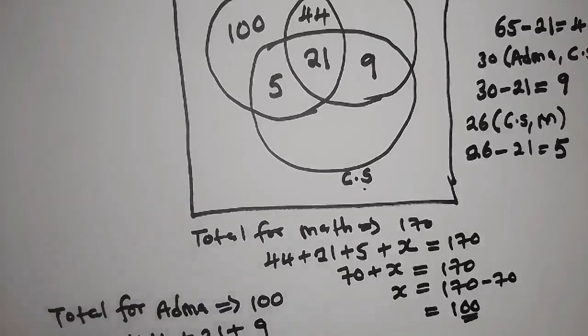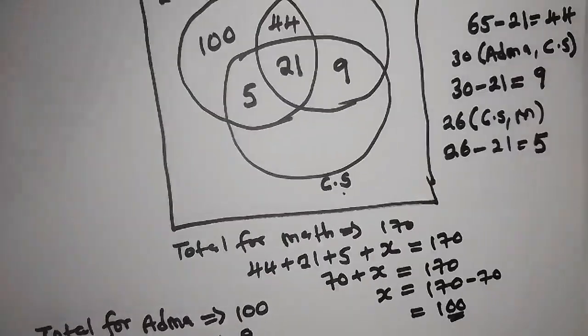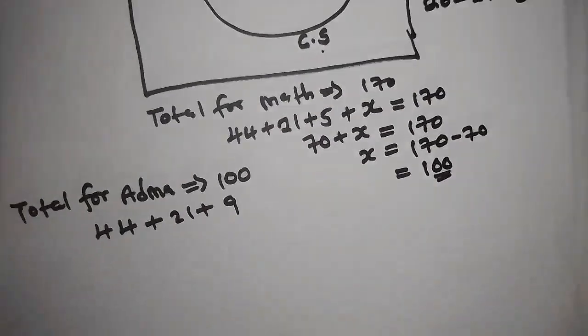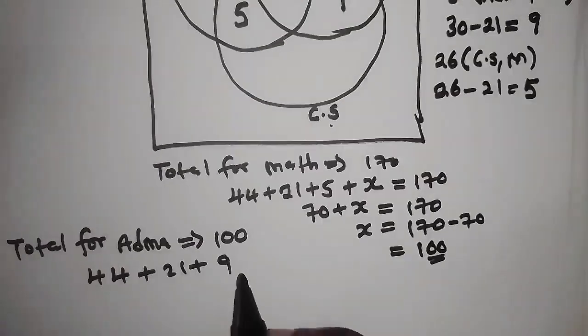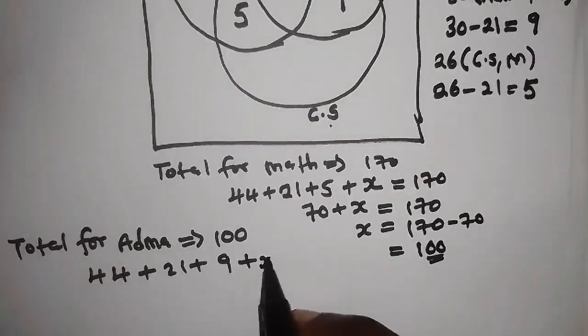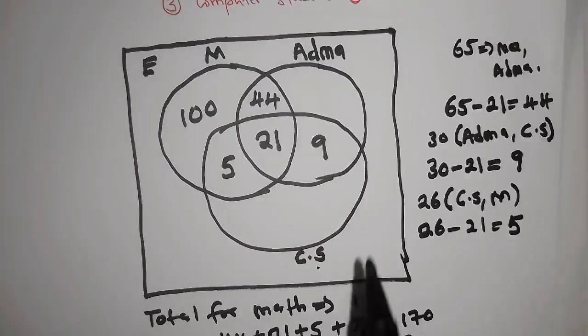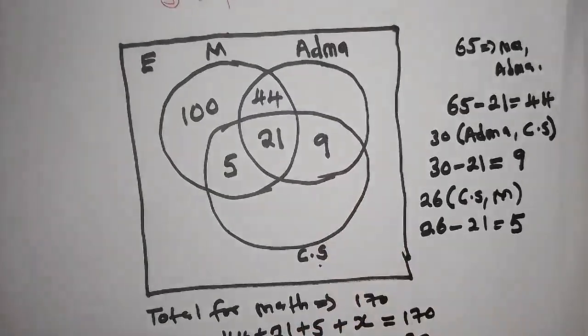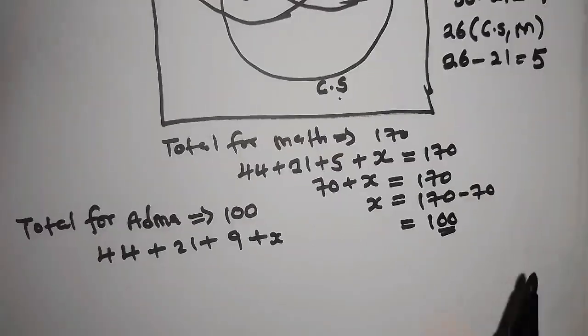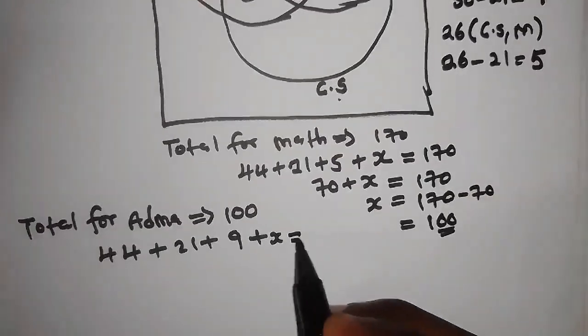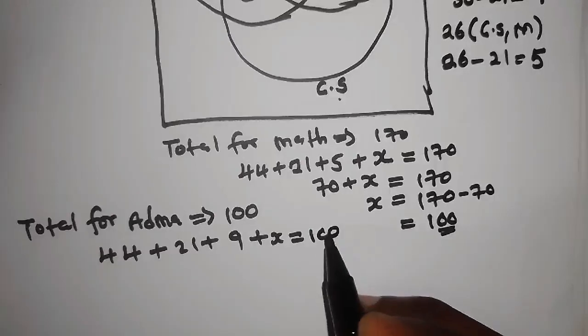Okay, so that's the one. So now we are going to put plus the x, meaning this x will represent those that only taught additional mathematics. Okay, and this should be able to give us 100.